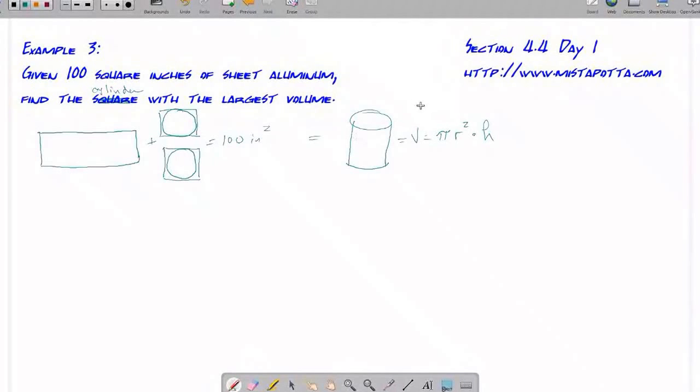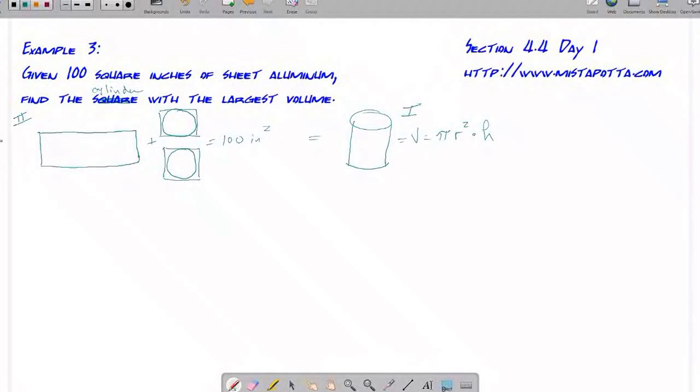So this is step one. I've identified the function that I'm trying to maximize. This volume equals pi r squared times height. And step two is I've identified this restriction. This restriction is that I only have 100 square inches of sheet aluminum.